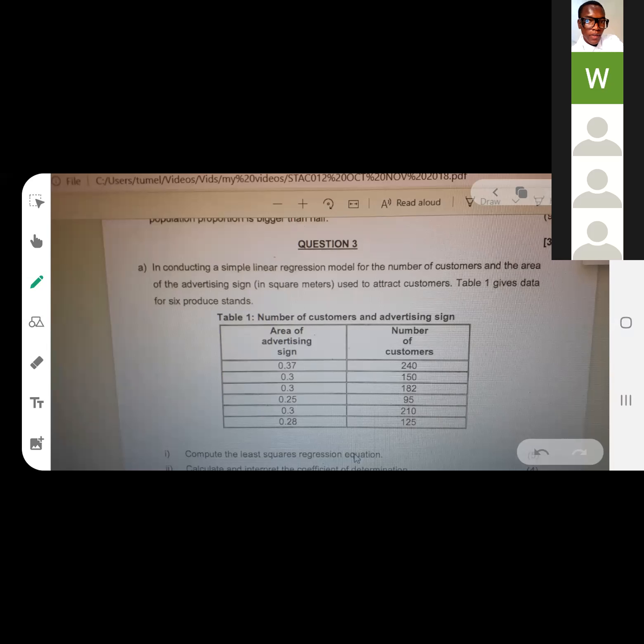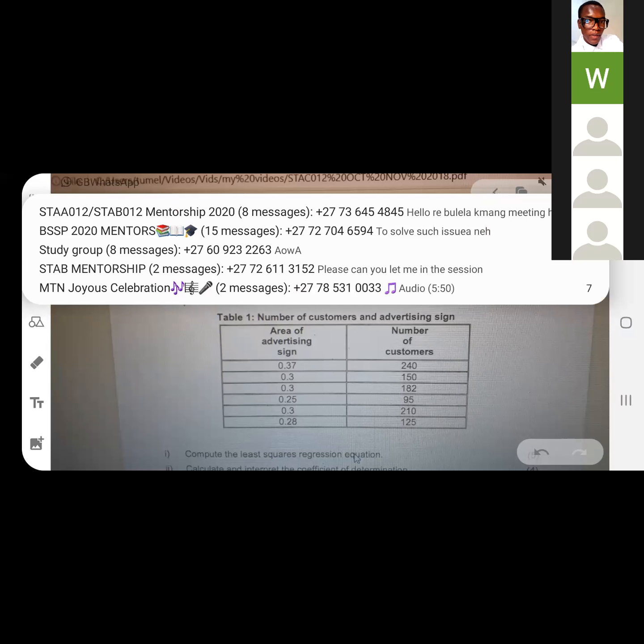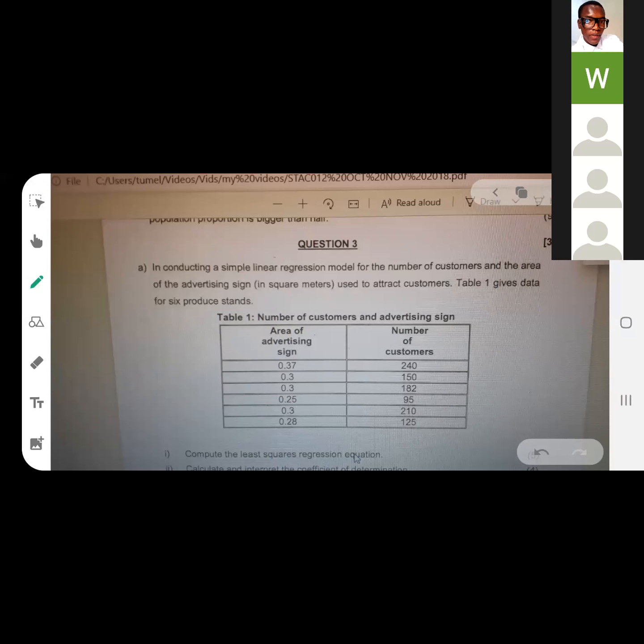So what you need to know, as I used to say, is that in the test or in the exam that you are going to write, they will never identify the variables for you. And they might ask you, what is the independent variable in this experiment? What is the response variable? What is the exogenous variable?